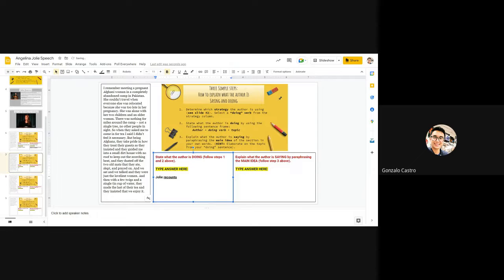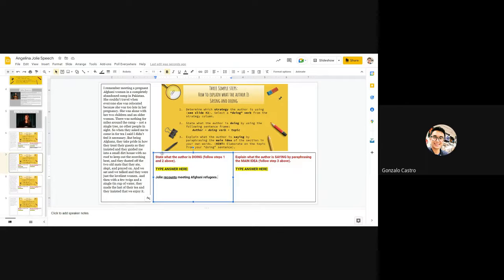And what is she recounting? What is she remembering? We just need a short phrase about this section. So in a short phrase, I'm going to put meeting Afghani refugees. It's not super detailed. We want all the details on the right side. In this section, she is recounting meeting Afghani refugees.